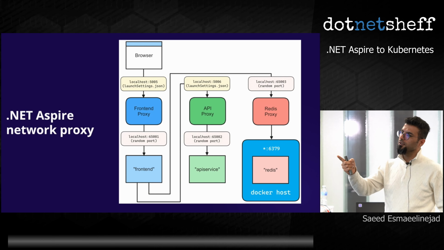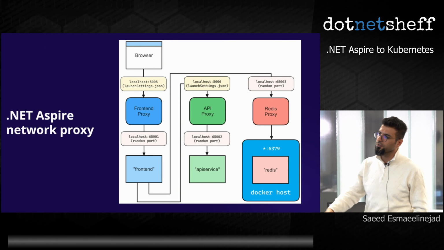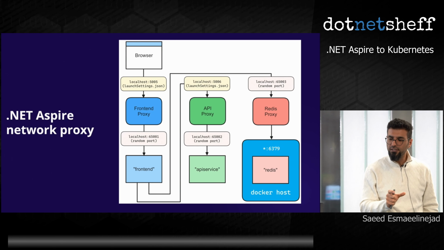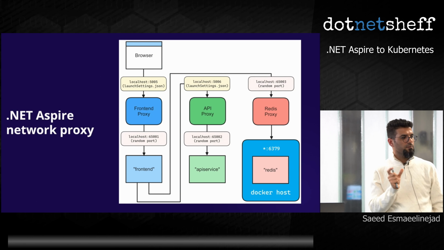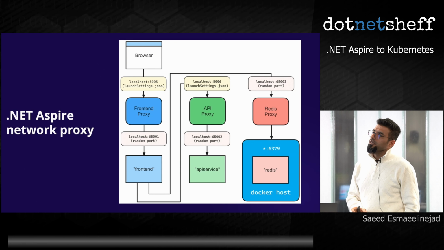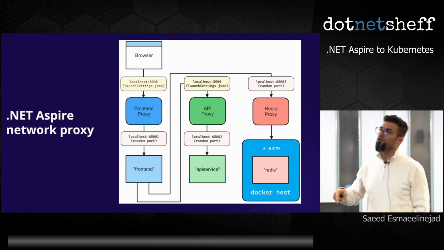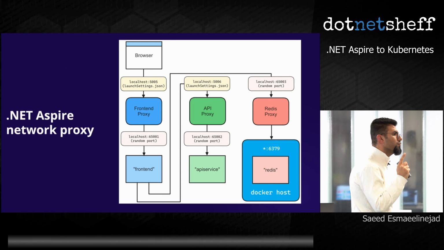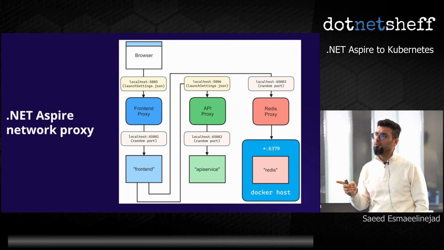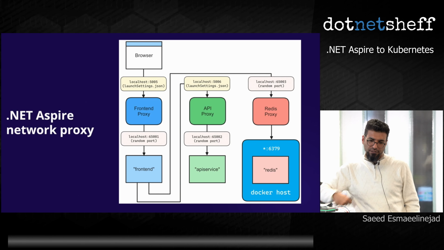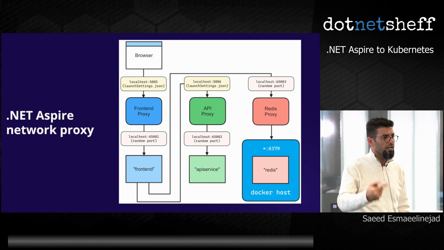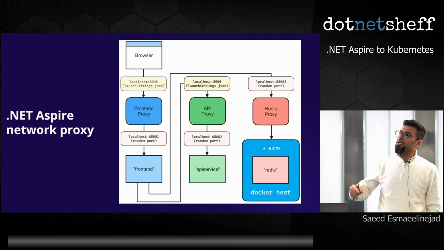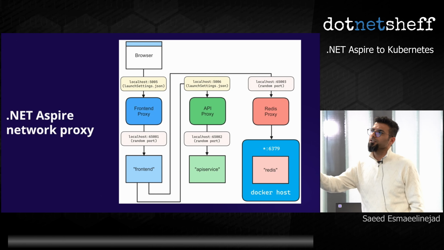For example, in ASP.NET Core, when you want to run your project, it will use the launch settings to specify a specific port, right? That port will be the port for sending requests to your proxy, not the actual endpoint. Every time, it will specify a random port for your actual API service, and the proxy will just use that one.